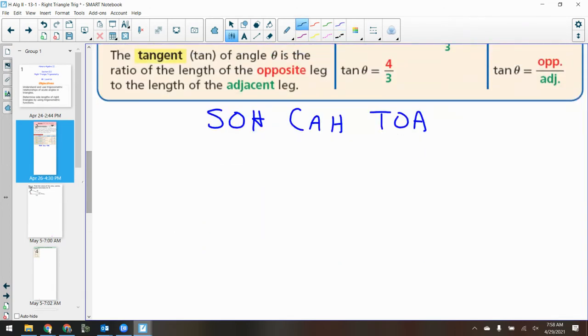For example, if I've got a right triangle, and I say this is theta. There's theta. If that's the angle that I'm referencing, then this is the opposite side.